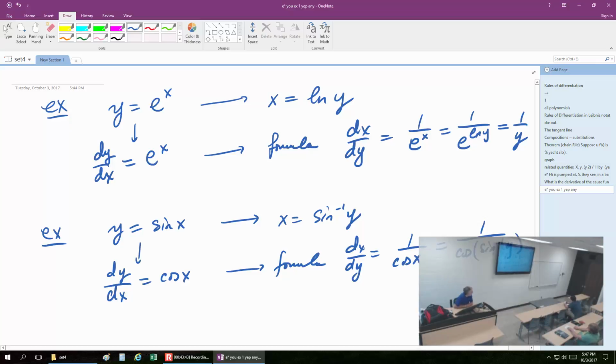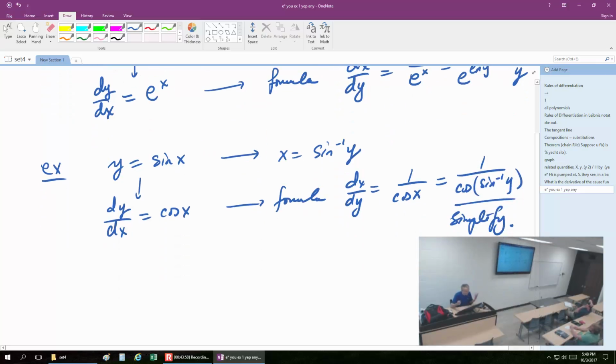Technically it is the answer, but practically speaking, there's a way to simplify this significantly. If we know a little bit of trigonometry, we can simplify it with very nice results. The standard way of doing it is to look at a triangle with a unit hypotenuse.